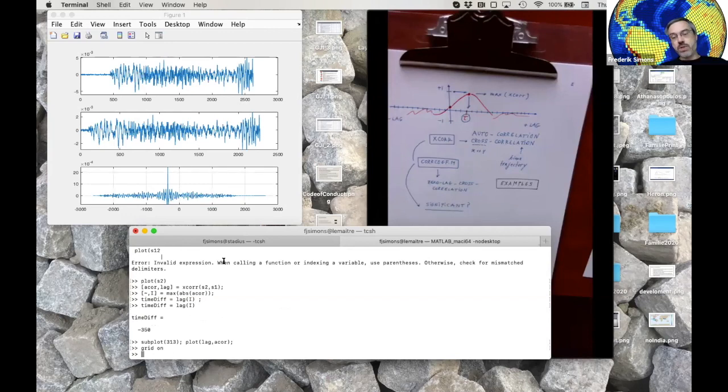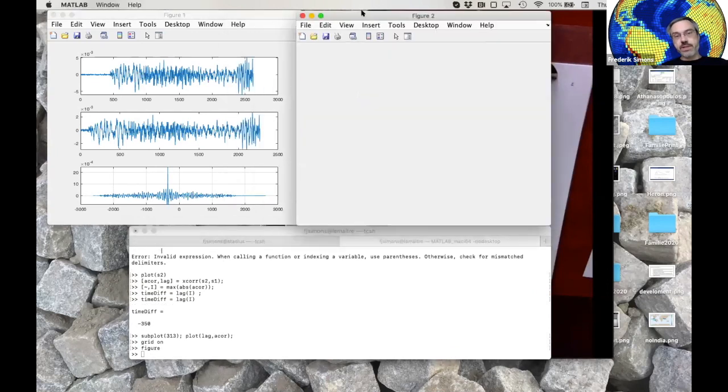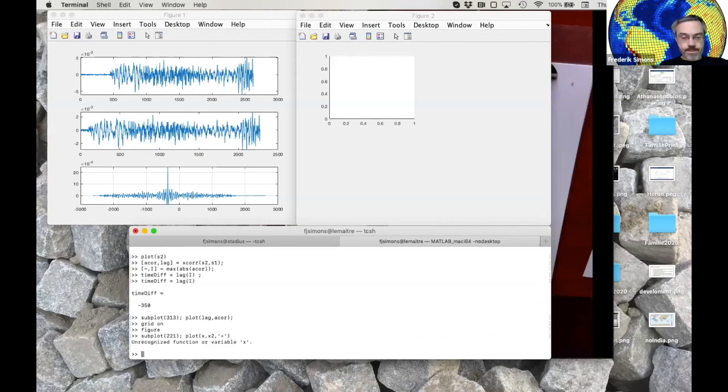Okay. So now I'll do a new figure, or maybe I'll clear this figure. I'll do a new figure. And I'll do what we essentially did by hand, is to say, let me begin by eliminating time and just plotting S1 and S2 as a little cross plot, and I'll do that in subplot 221. Oh, come on. Oh, they don't have the same length, these signals.